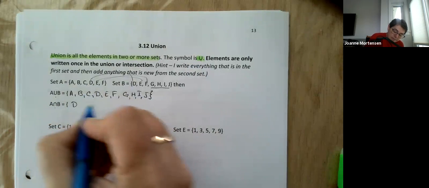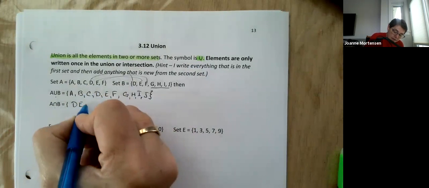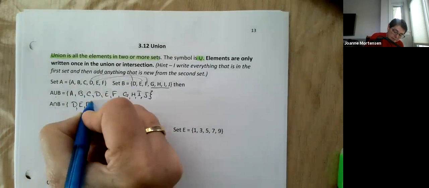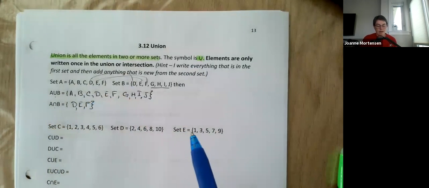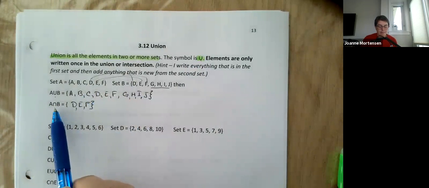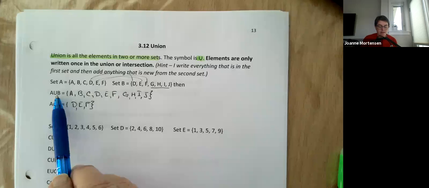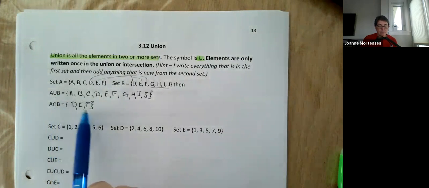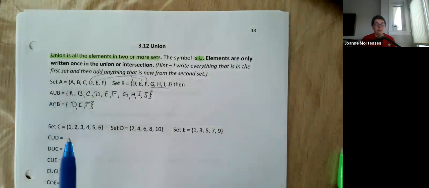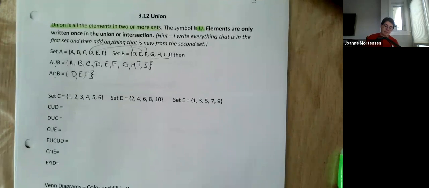So D and F. There we go. Your intersection could be the same size as this, but almost always it's going to be smaller. So union is almost always going to be the bigger of the two sets.